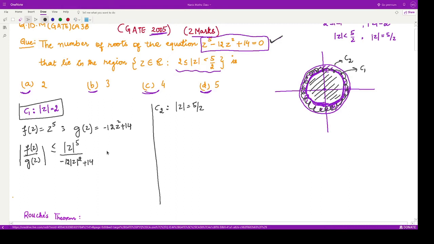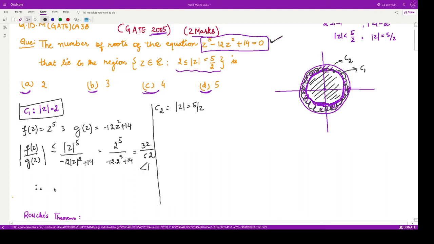When you substitute mod z equal to 2 here, in effect you are doing 2 to the power 5 over 12 into 2 square plus 14. What will you get? You would have 32 divided by 62. So that is less than 1.